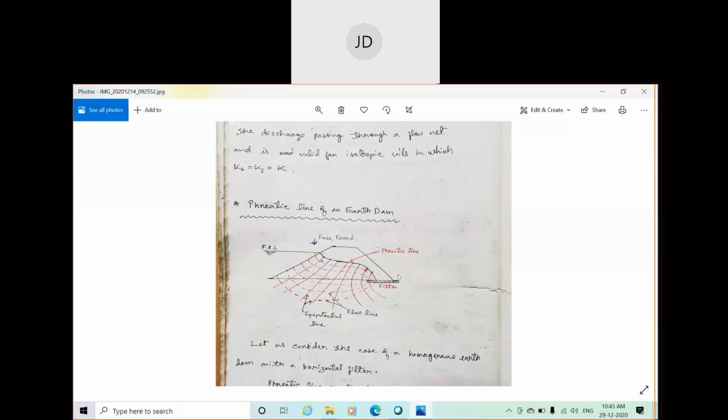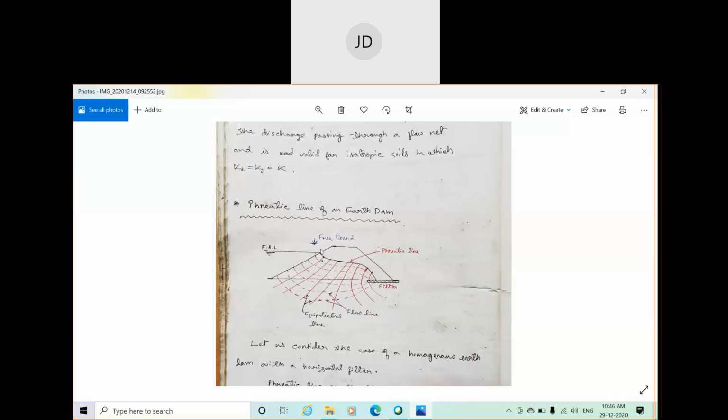So to divert the flow of seepage away from the downstream face, this particular component of the dam is constructed near the downstream face, which is known as a filter. And this filter is made up of coarse aggregate and has larger voids.